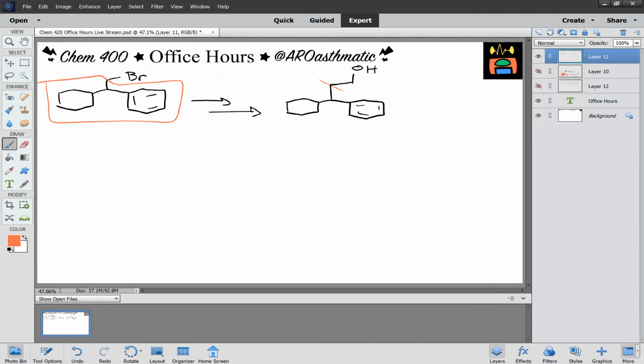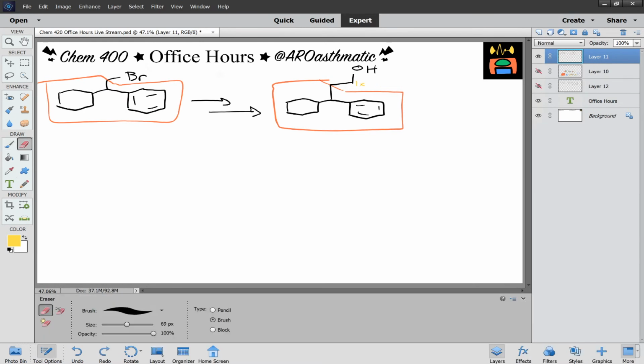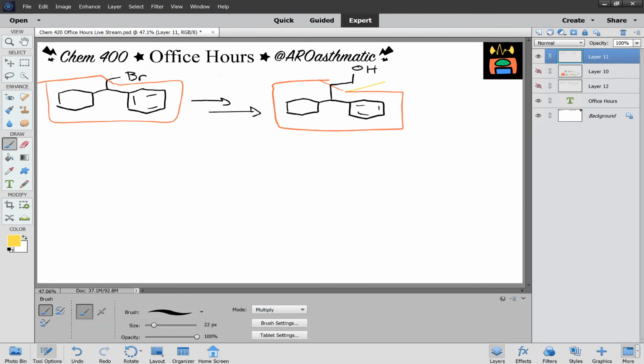This portion of the molecule is unchanged, right? So what we're adding is one carbon and an alcohol group, where we started with just a bromine, okay?